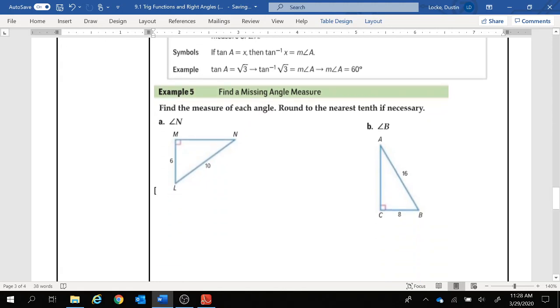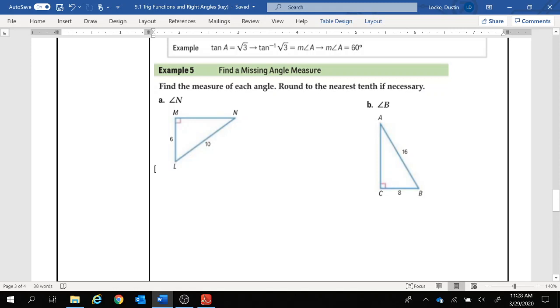Now, if you look at example 5 here, it says find the measure of each angle. Well, the problem with this one right now is we have only the right angle given, which might make it hard because we know that all the angles of a triangle add up to 180. However, we only have one angle given, so we can't really manipulate just that angle to find the missing one. So instead, we need to use a trig ratio, and more specifically, the inverse of a trig ratio.